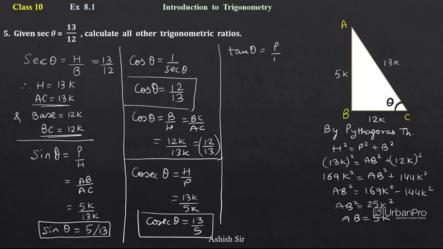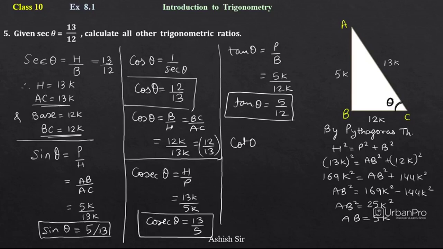Tan theta, we know, is perpendicular by base. Perpendicular 5k, base 12k. So tan theta is 5 by 12. Cot theta, the reciprocal of tan theta, is base upon perpendicular, 12k by 5k. So cot theta is equal to 12 by 5.